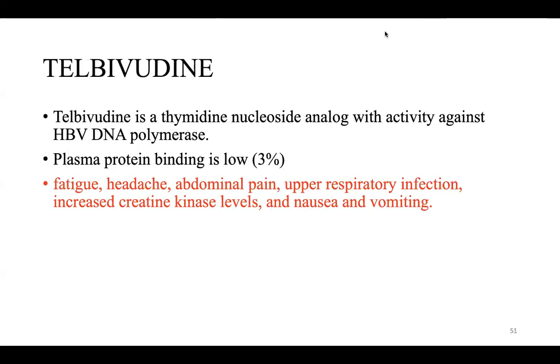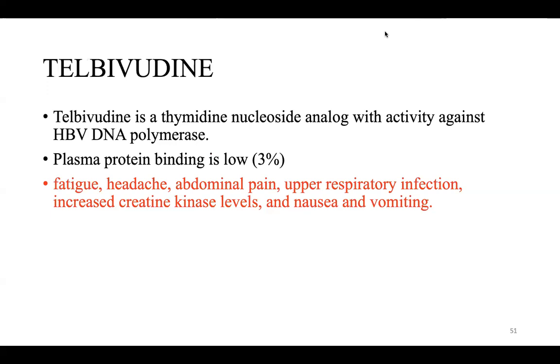Telbivudine is phosphorylated by cellular kinases to the active triphosphate form, which has an intracellular half-life of 40 hours. Oral bioavailability is unaffected by food. Plasma protein binding is low and distribution wide.